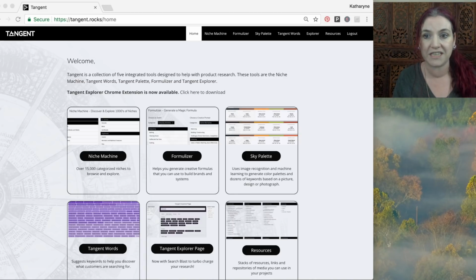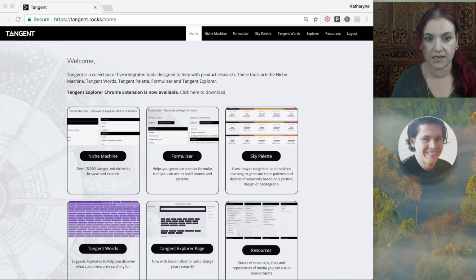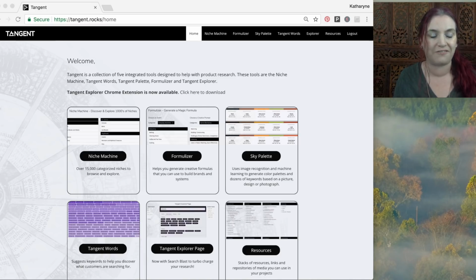The first thing, what is Tangent? It is a software suite developed by Isaac and myself that helps you generate lots of ideas, whether you're selling products or creating products. It's basically a huge creativity tool.